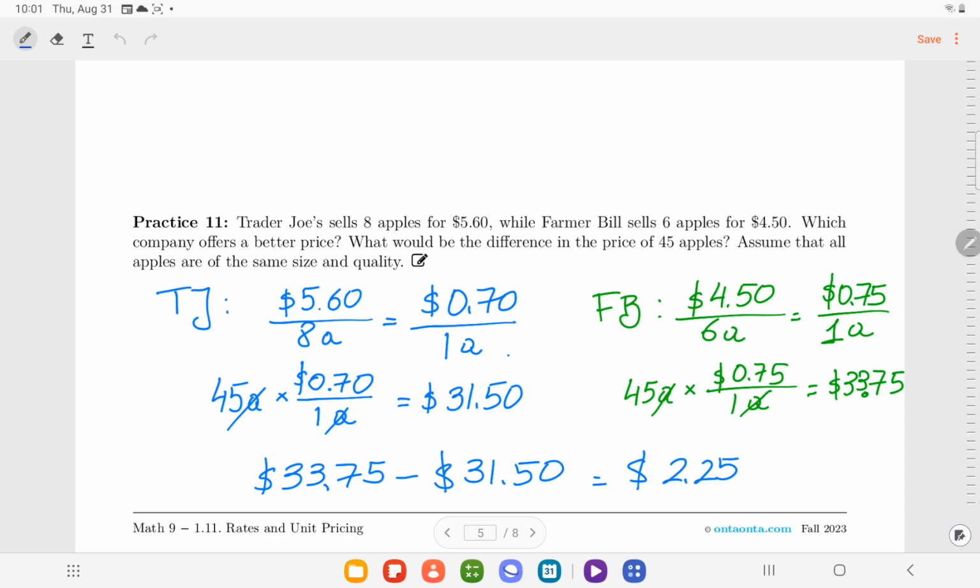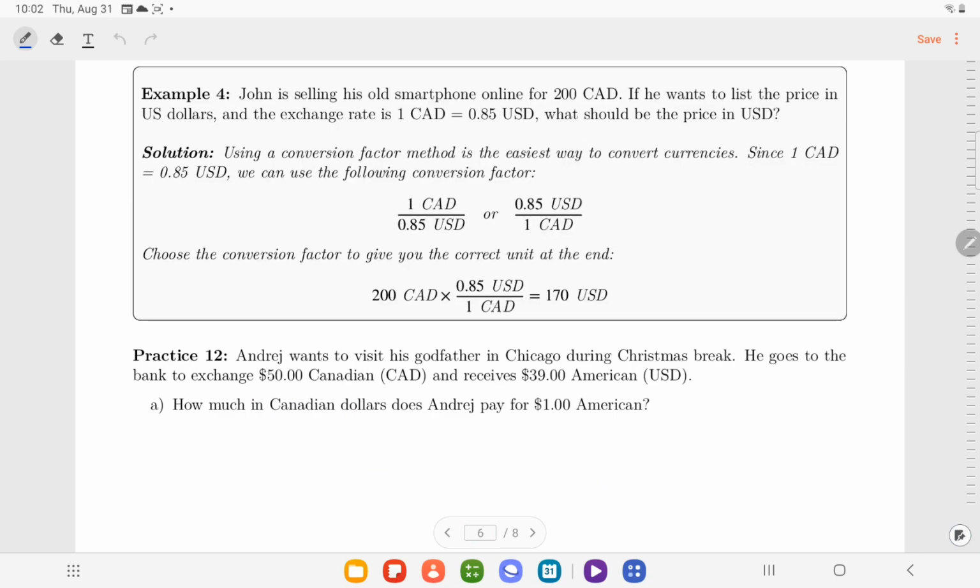Therefore, the difference in price is $2.25. The conversion factor unit method is very useful when we're converting currencies. If John is selling a smartphone for 200 Canadian dollars, and the exchange rate is 1 Canadian dollar is 85 cents US, we can write it as a rate.